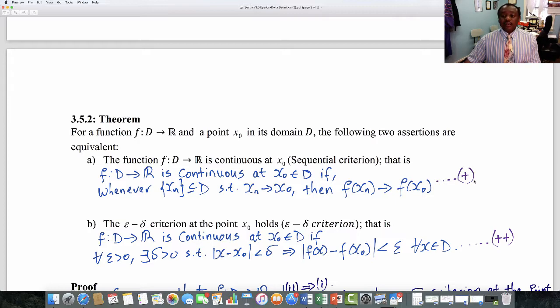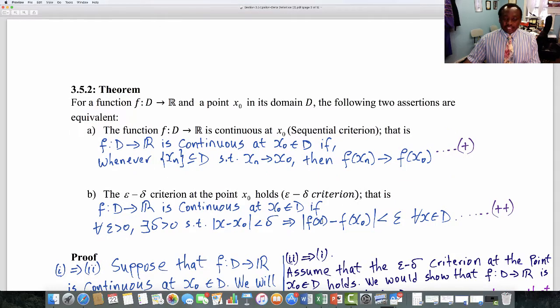Call that plus. And the next assertion is that the epsilon-delta criterion at the point x0 holds. That is known as the epsilon-delta criterion for continuity, i.e., f is continuous at the point x0 in D if for every epsilon greater than 0, I can find a delta greater than 0 such that the absolute value of x minus x0 less than delta implies the absolute value of f of x minus f of x0 is less than epsilon for every x in D. Call that plus plus.